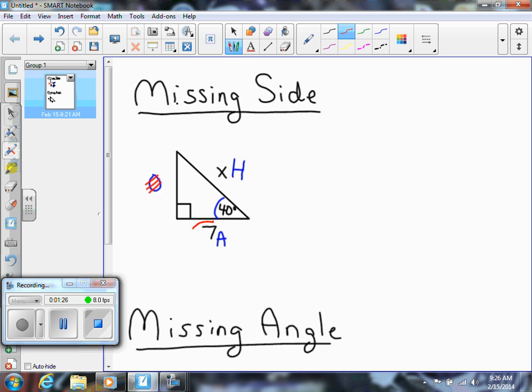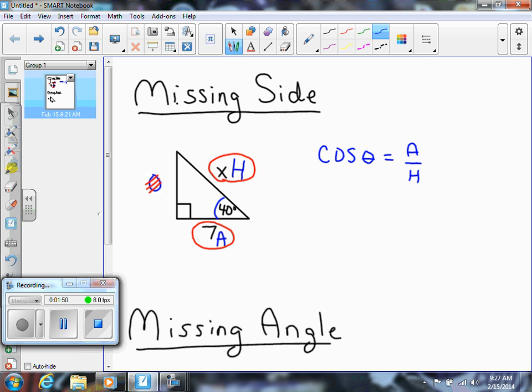If you notice A and 7, X and H. So we're going to use those two sides, and that eliminates two of the primary trig ratios. The only one that has A and H in is cosine. And the formula for cos is A over H.